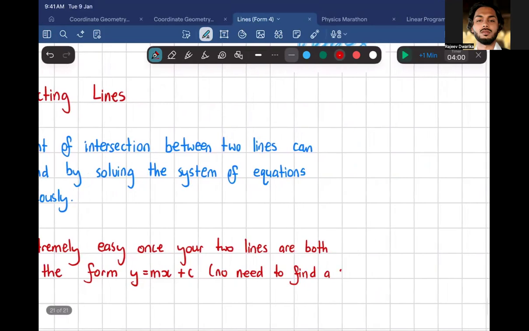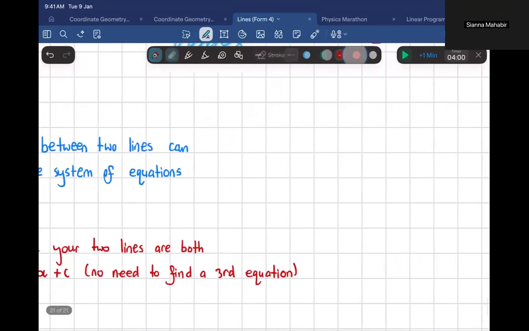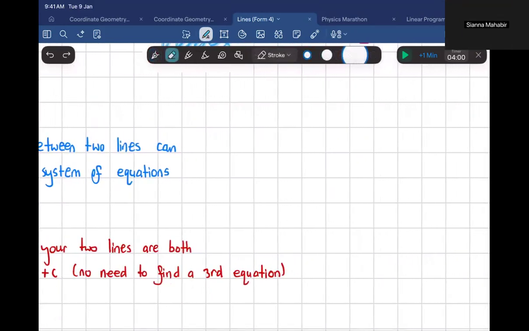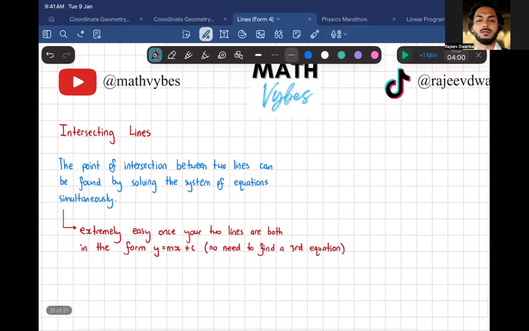Sienna, did you do simultaneous equations in school as yet? Yes, sir, we did. Did you do the elimination and substitution method? Yeah. Okay, cool. When you're using the substitution method, you would need to come up with a third equation, which tells you what one of the unknowns is in terms of the other one, so you could do a substitution.